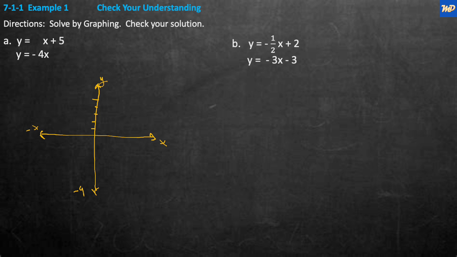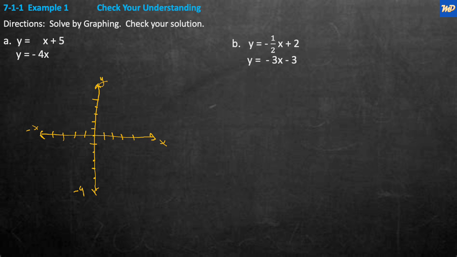Let's do 1 here. Let's go negative 1, negative 2, negative 3, negative 4, positive 1, positive 2, 3, and 4. Okay, it's a bit of a graph. I'm basing this on the numbers I see here.